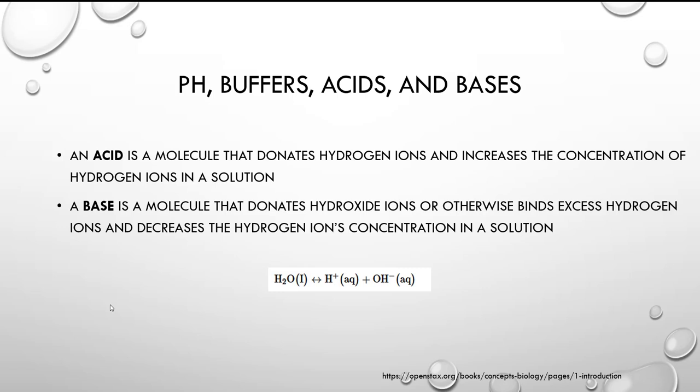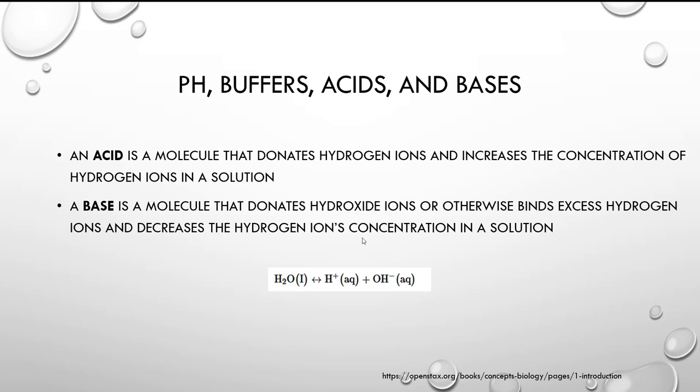Now the opposite is for the base. So the base is where it donates hydroxide ions. So a hydroxide ion is basically OH negative. Okay, so this is a hydroxide ion. So oxygen, hydrogen, and then we're adding an extra electron. Right? So in this case, a base added to a solution will add these hydroxide ions.